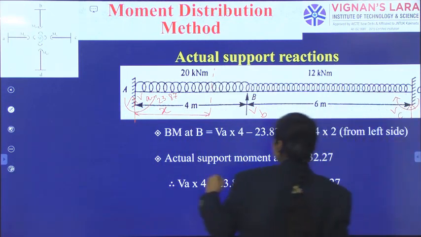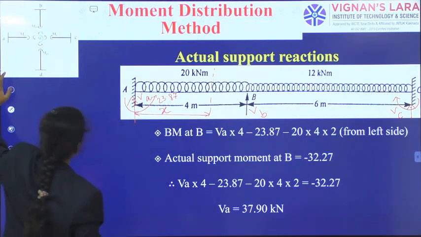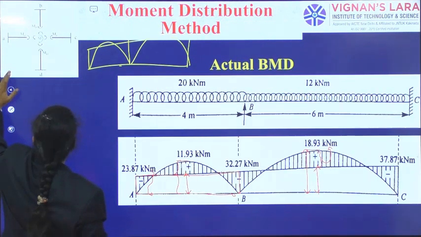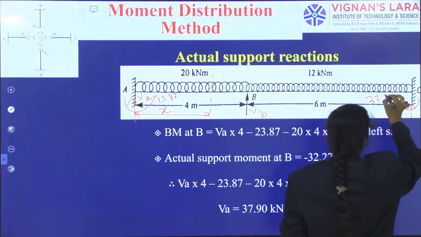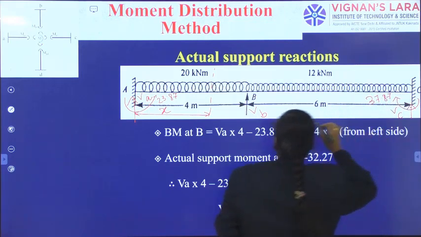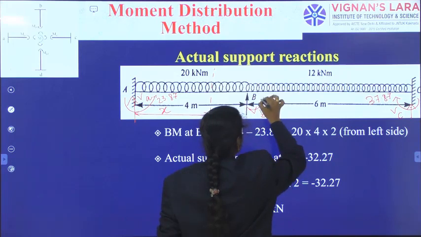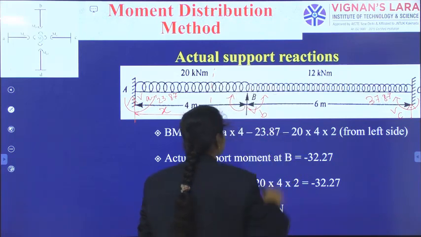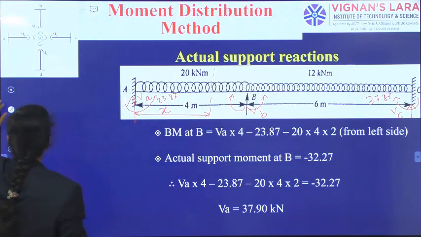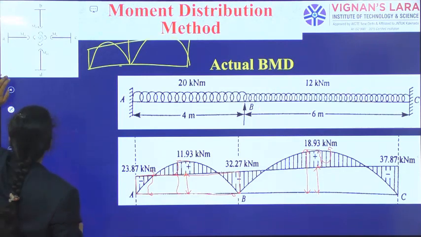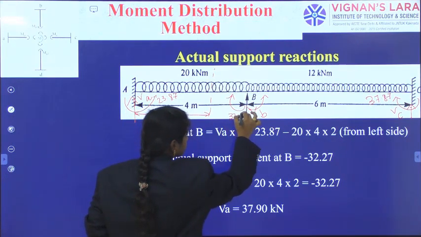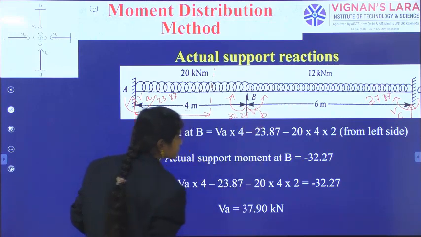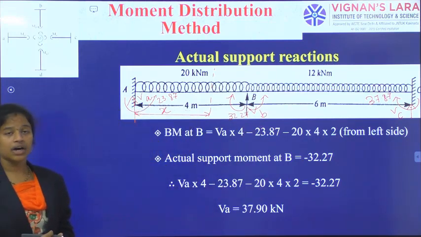What is the value? 37.87. And also, at B, I am observing a hogging moment, the final hogging moment answer, that is 32.27. So, these are the moments you are observing.